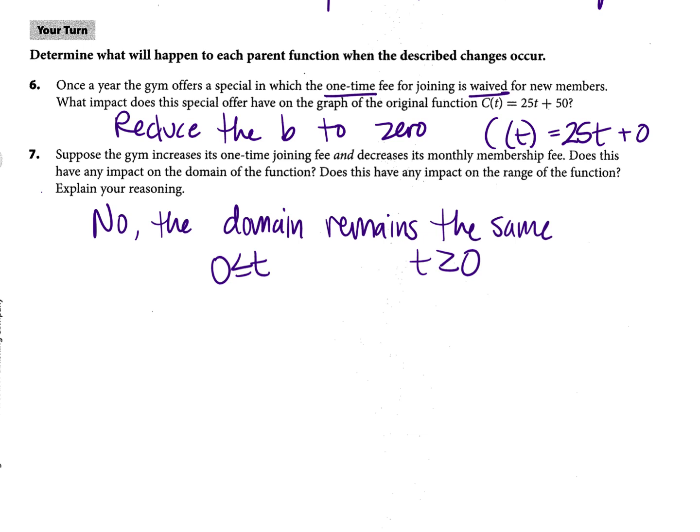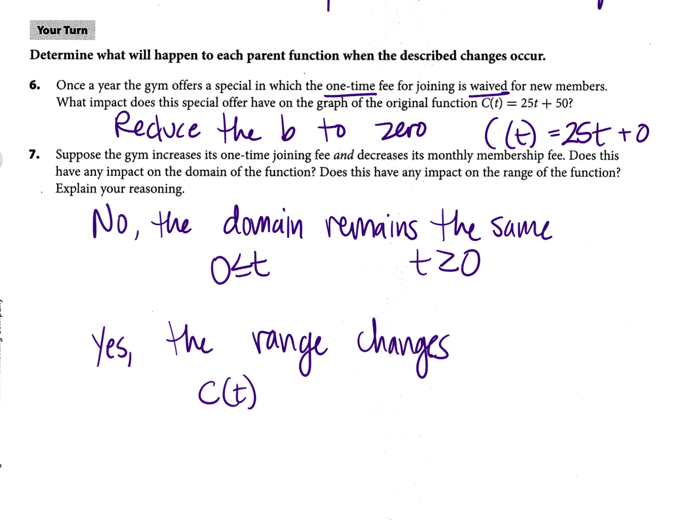Does this have any impact on the range of the function? So the range is the outputs. And yes, it does impact the outputs. If before we could have outputs as low as $50, but then they increase the one-time fee, then C of t couldn't be 50.